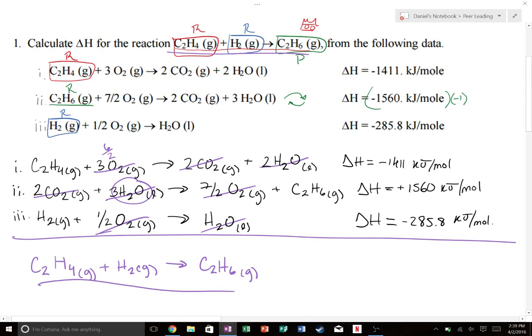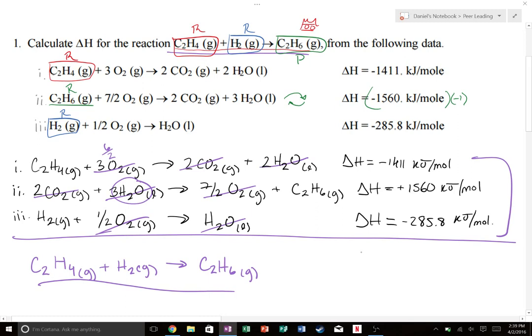That tells us that all this rearranging we did was done right, because we ended up with the King reaction. So actually the next step, we're not done yet. The next step is to add up these delta H's, and that'll give us our answer. So we have negative 1411 plus 1560 minus 285.8.